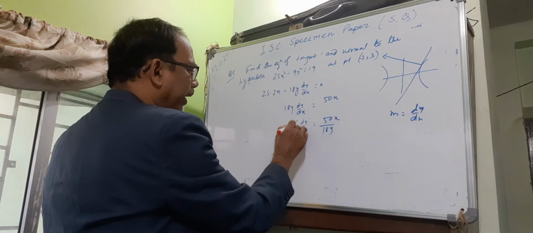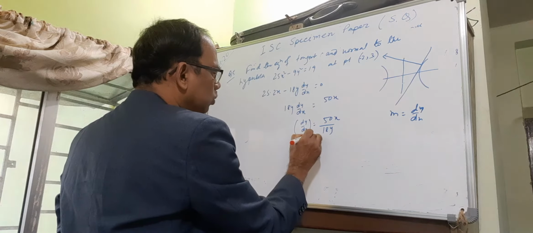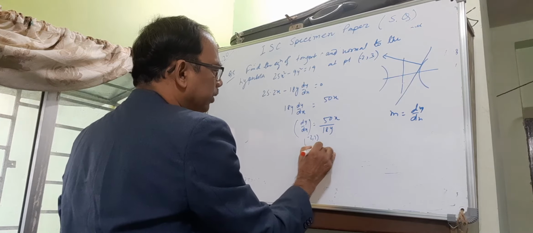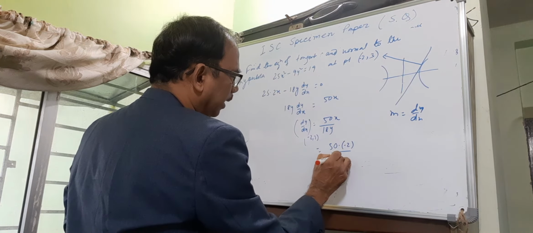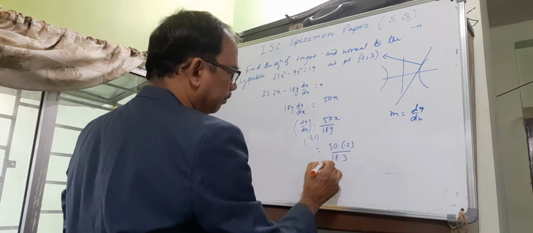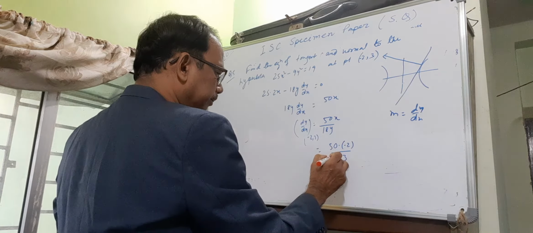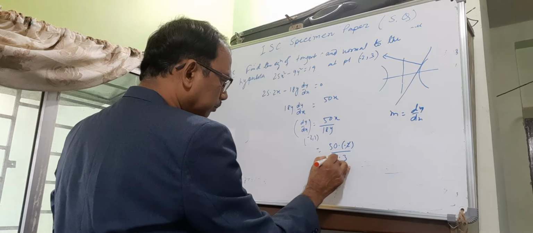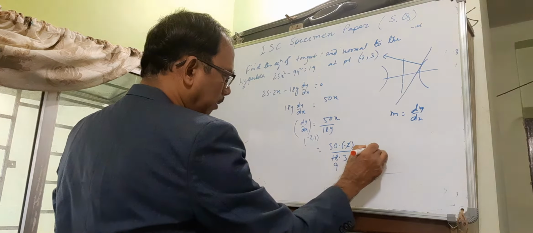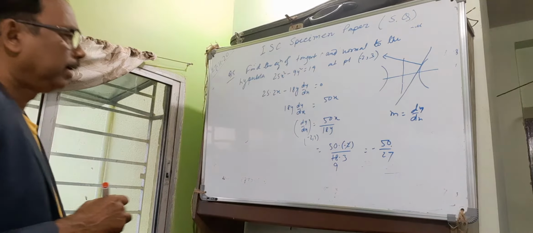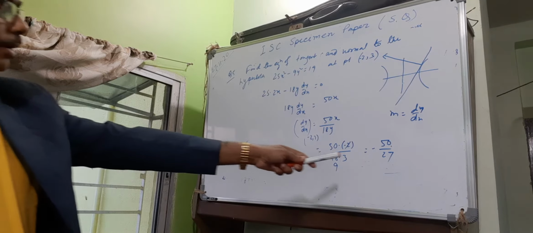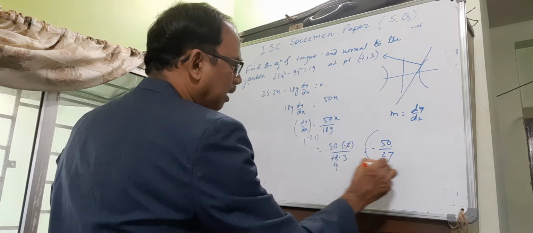Now dy by dx at the point minus 2, 3, put it here, 50 into minus 2 over 18 into 3, that is minus 50 by 27. That is the gradient of this curve.